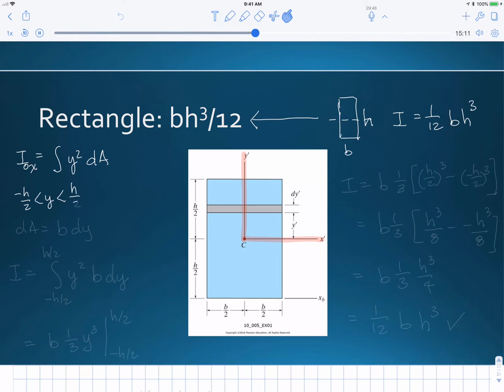Okay, we have y going from minus h over 2 to h over 2. dA is the area of that little differential area, which will be b dy.